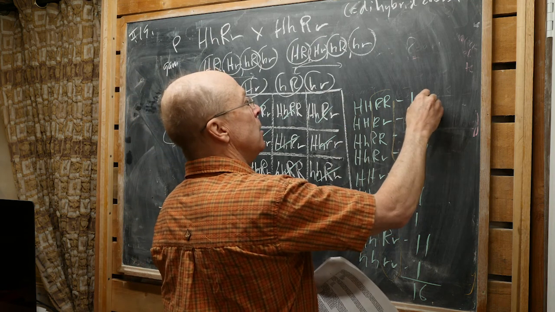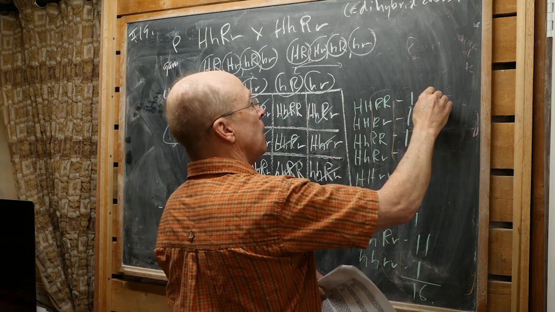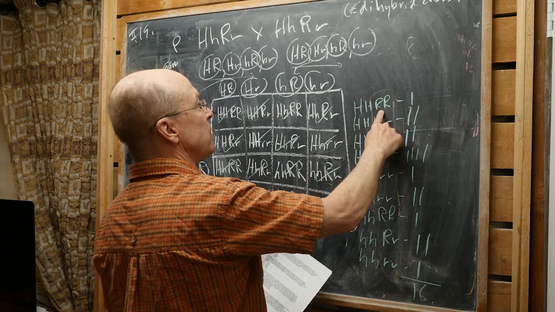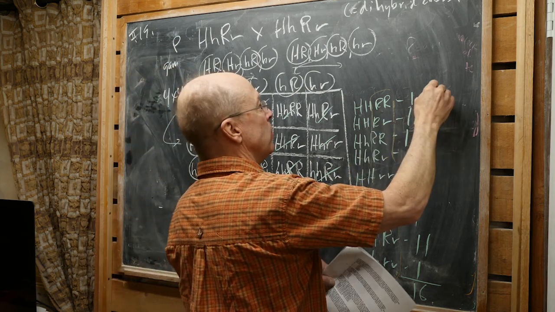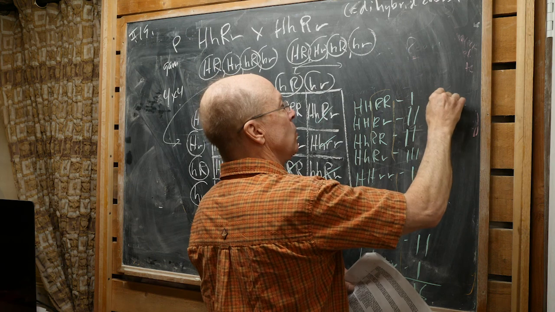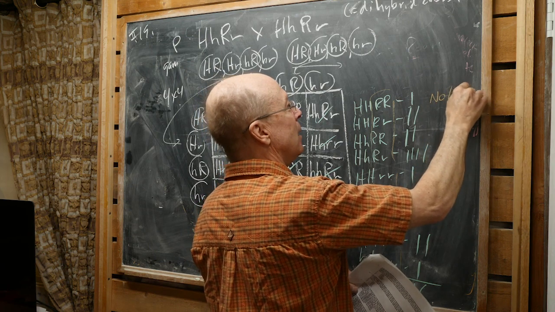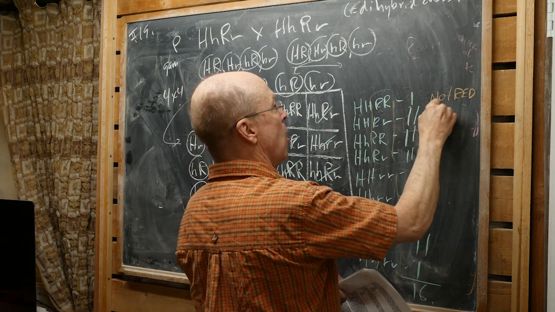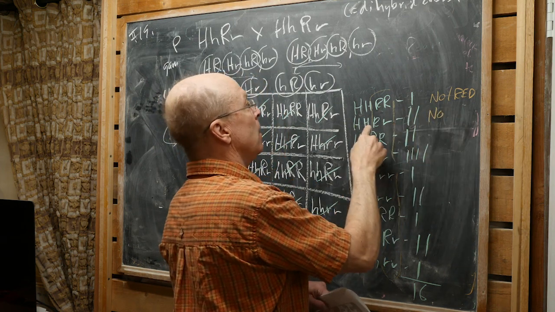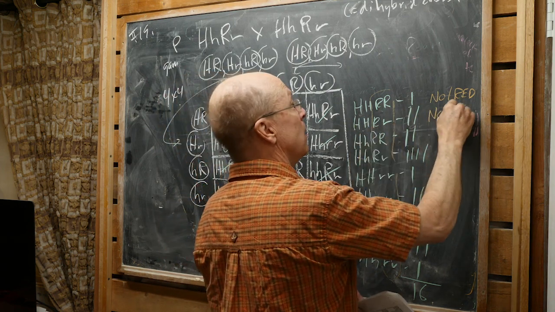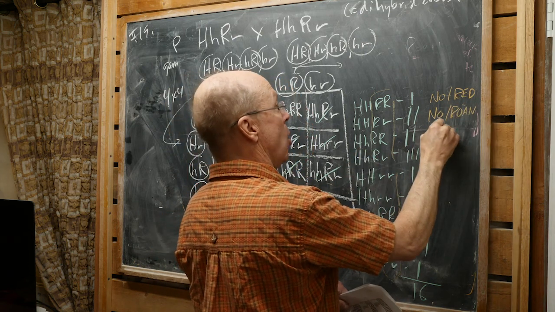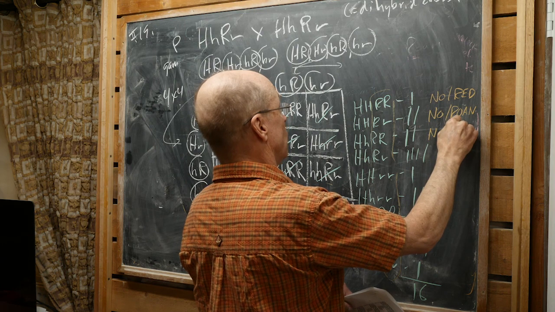So here is a no horn, and then big R. This is no horn red. So no and red. This one here is no. If it has a big H, it's a no. And roan. Ooh. This one is no and red.